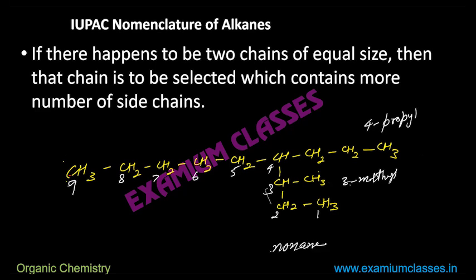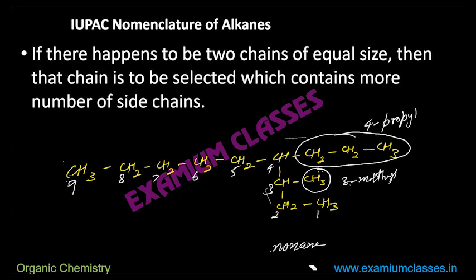Then the branches will be prefixed with their position. Next step is branches. I have one branch, which is on third carbon, methyl group, so 3-methyl. Another branch, this whole, is attached at fourth carbon. So that's why 4-propyl. These are the branches which I need to write before the root.